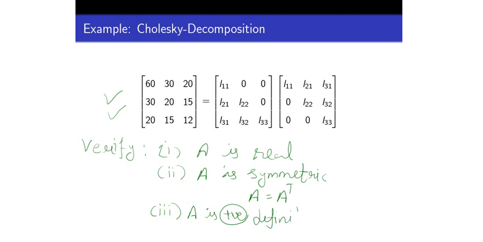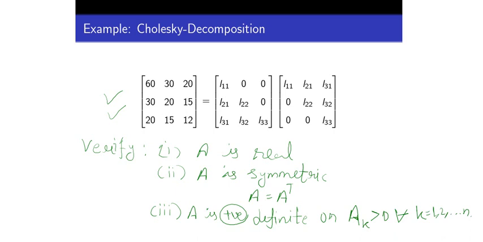So for this, the A_k's are strictly greater than 0 for every k equal to 1, 2 and so on till n. So you have to first check all these three, verify the things, and then you can only proceed.